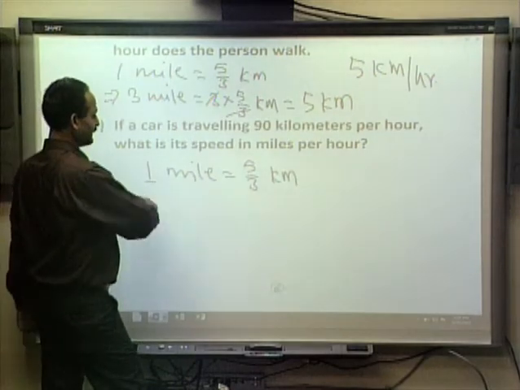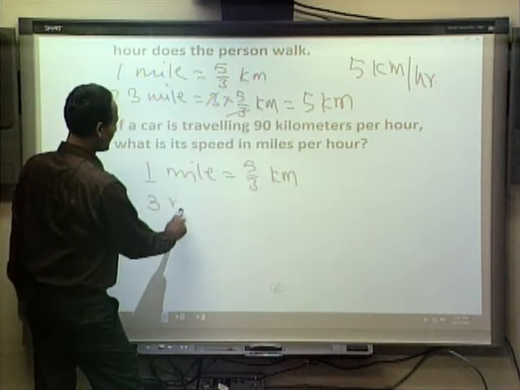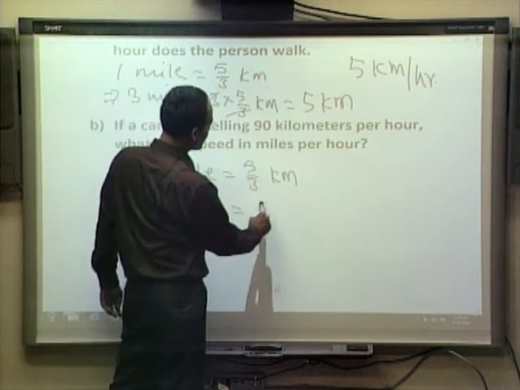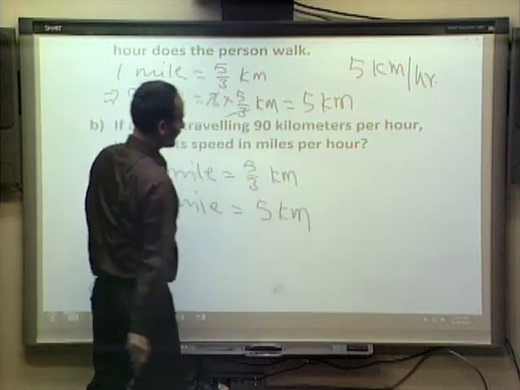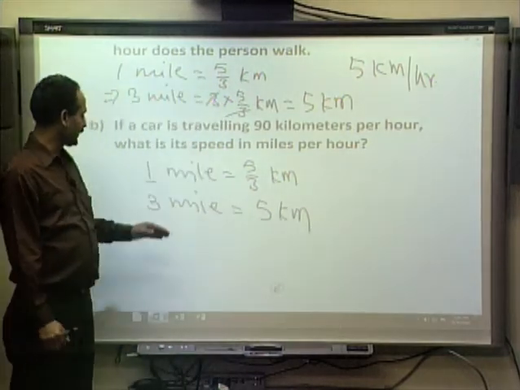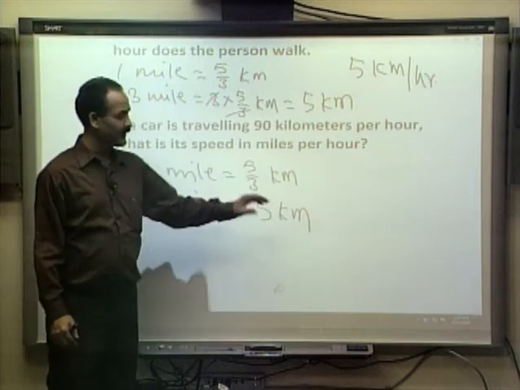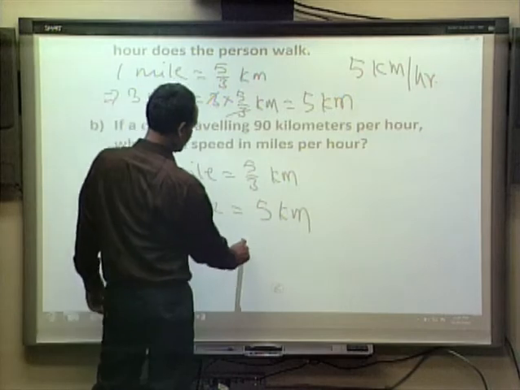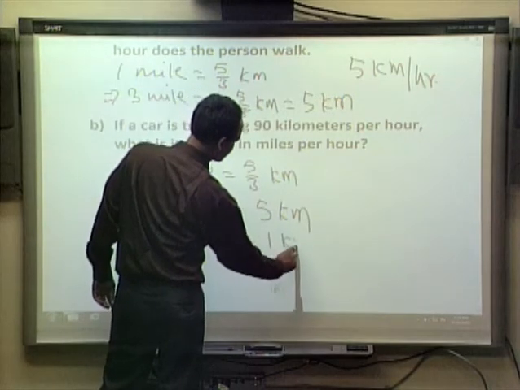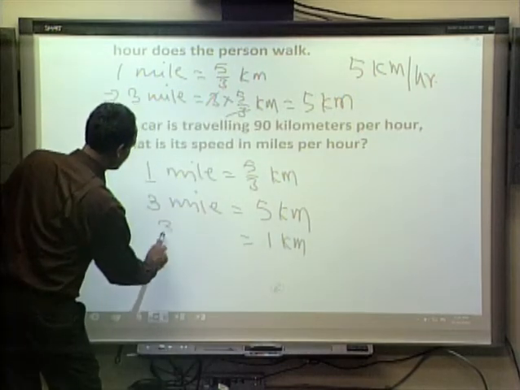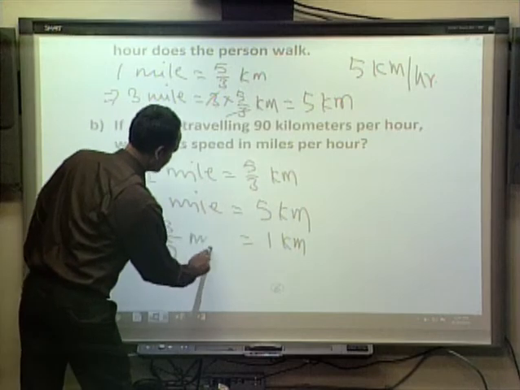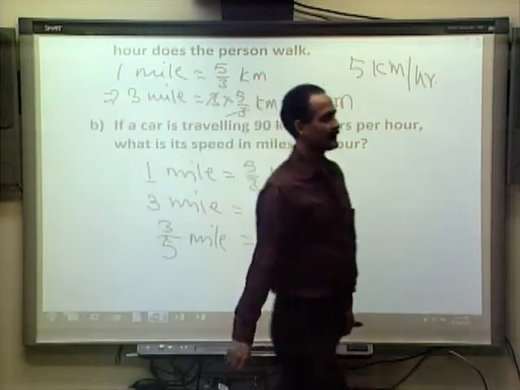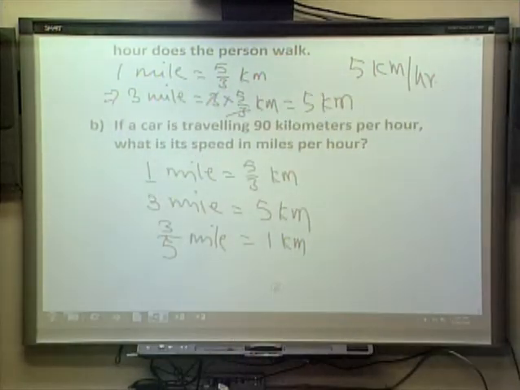That means the same thing as 3 mile equals 5 kilometer, multiplying both sides of the previous equation by 3. That means 1 kilometer is 3/5 of a mile.